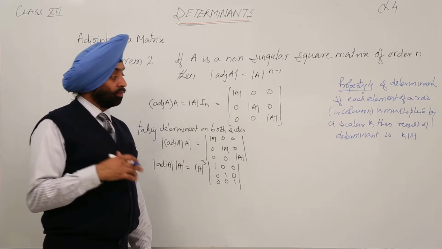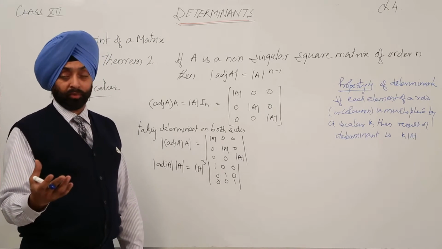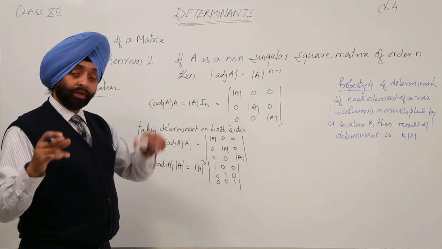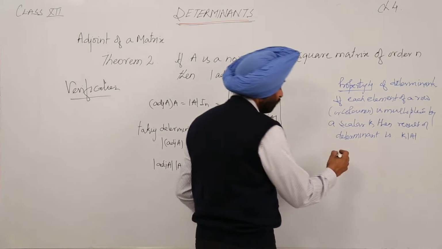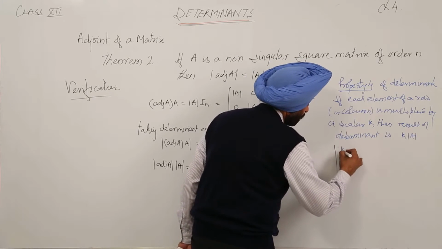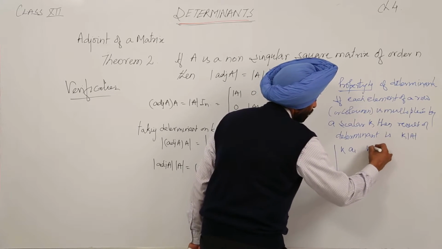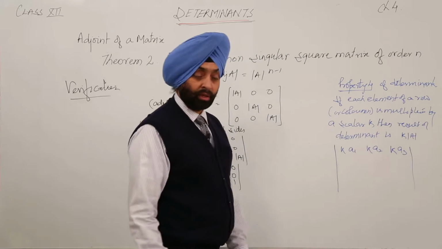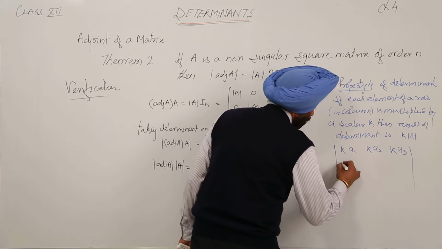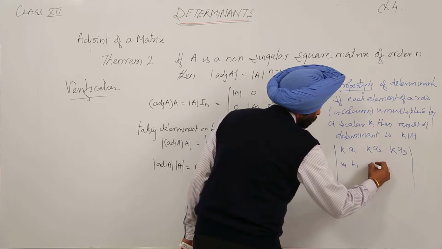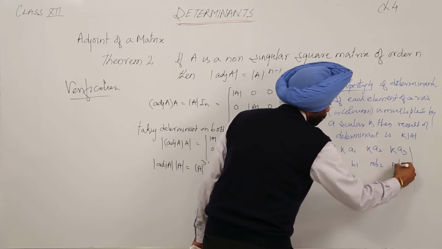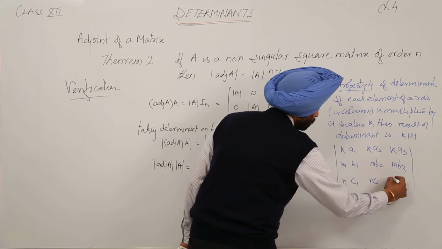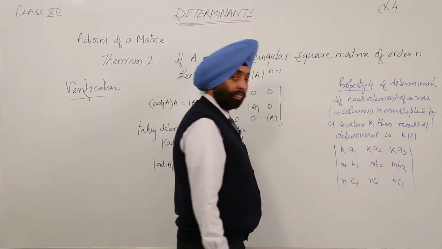The result of a determinant will be k of determinant A, or the result will be multiplied by determinant of A. So now, suppose we are having kA1, kA2, kA3, then mB1, mB2, mB3, then nC1, nC2, nC3.